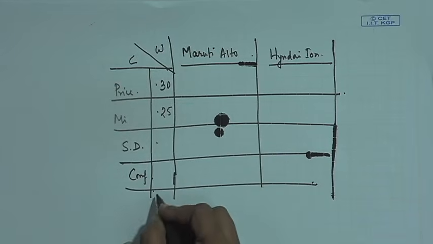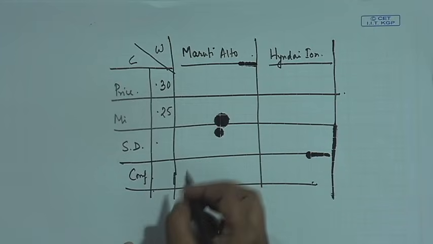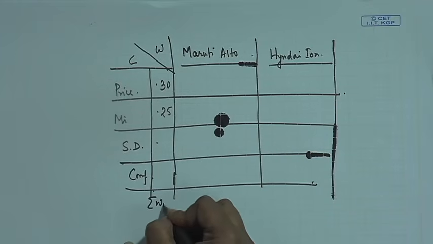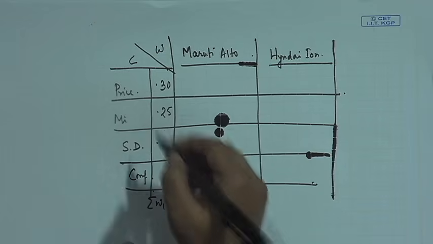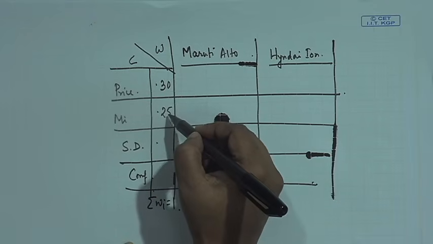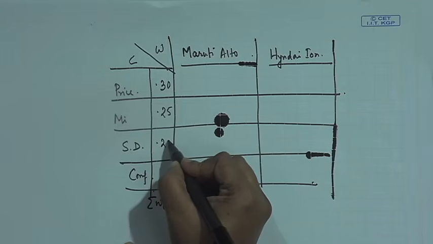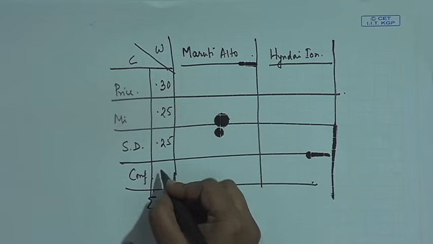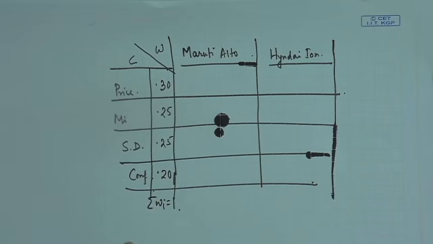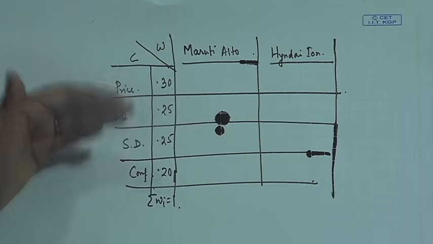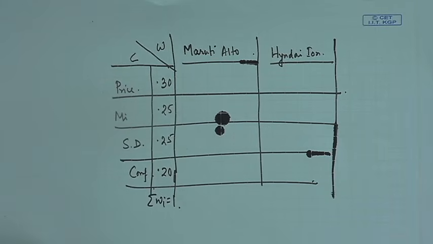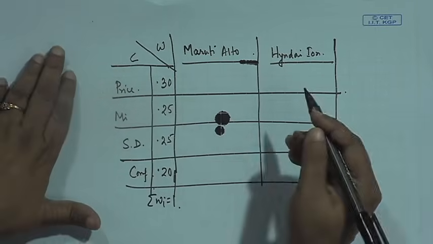This way he has to give the weightage of these criteria, where sigma Wi has to be 1, that is the constant sum. Accordingly he can frame it like this: 30, 25, another 25, and here maybe 20. So this shows the relative importance of the attributes.